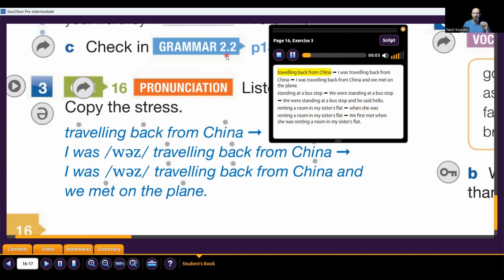Traveling back from China. I was traveling back from China. I was traveling back from China and we met on the plane. Standing at a bus stop. We were standing at a bus stop.